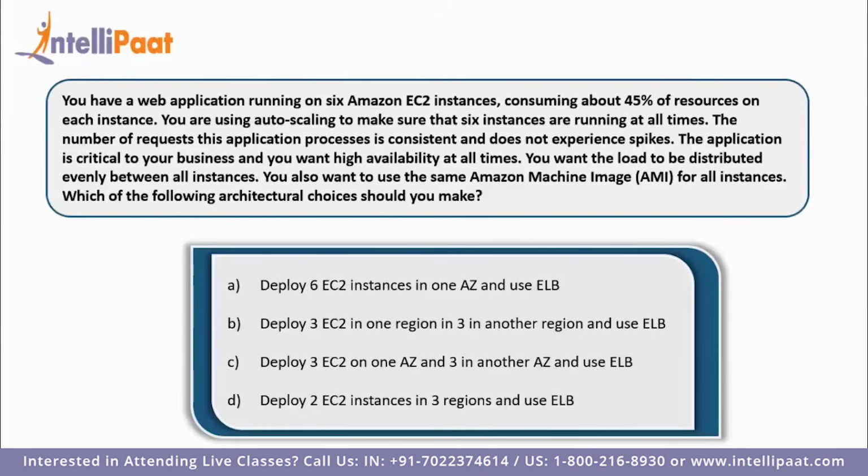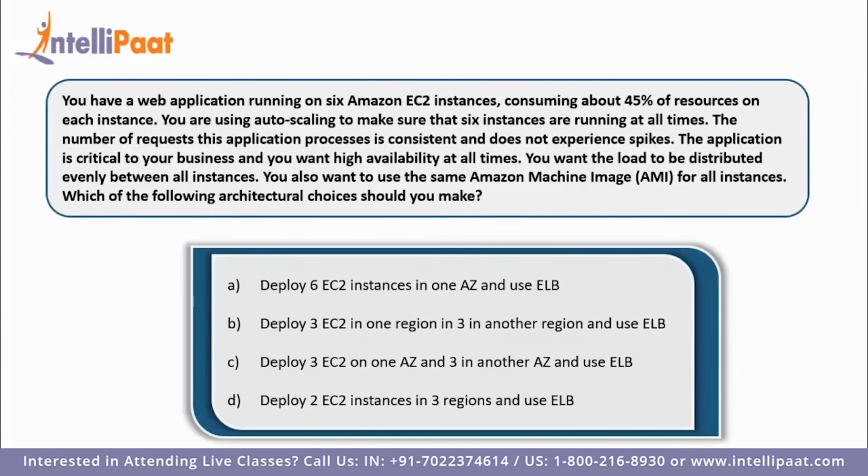Alright, so this is a very interesting question. Basically, you want to run 6 Amazon EC2 instances, and they should be highly available in nature, and they would be using an AMI, of course, because they are auto-scaled. So which among the following would you choose?